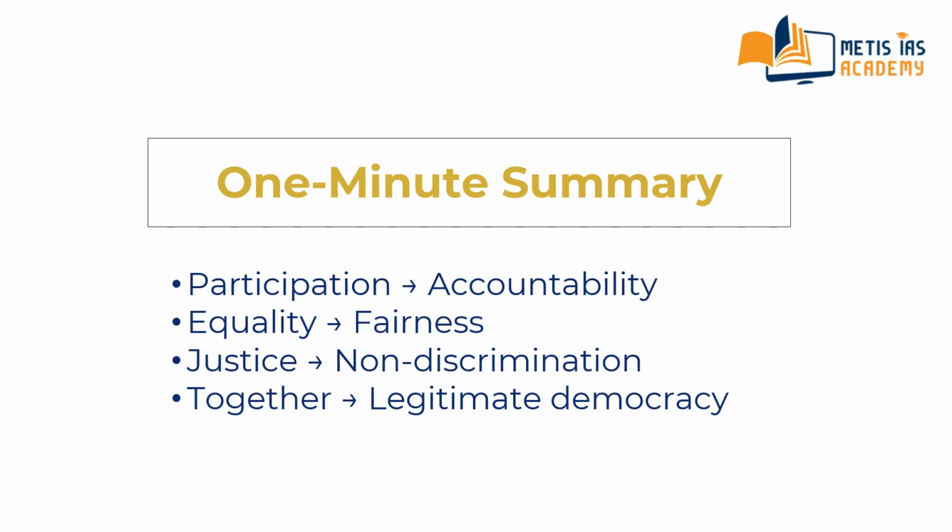We can now summarize the whole chapter in under a minute. To summarize, democracy requires participation, participation creates accountability, equality ensures fairness, justice removes discrimination. Together they make government legitimate and stable.